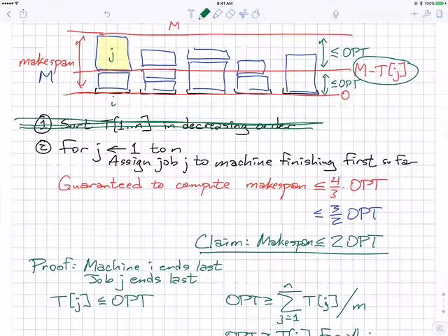At some point I have to actually look at the algorithm. I haven't referred to the rule that I've used to assign jobs yet. That might be a sign that that's something I need to think about. Otherwise, I'm not really arguing about this algorithm, I'm arguing about any schedule.